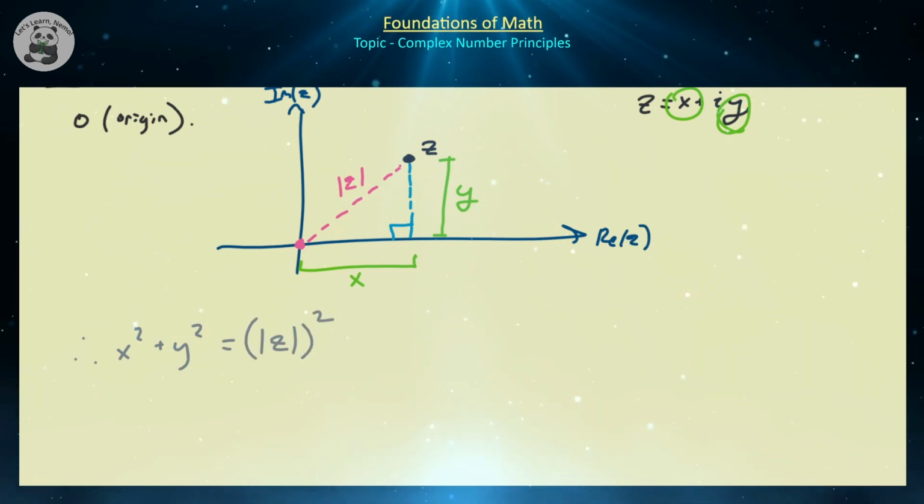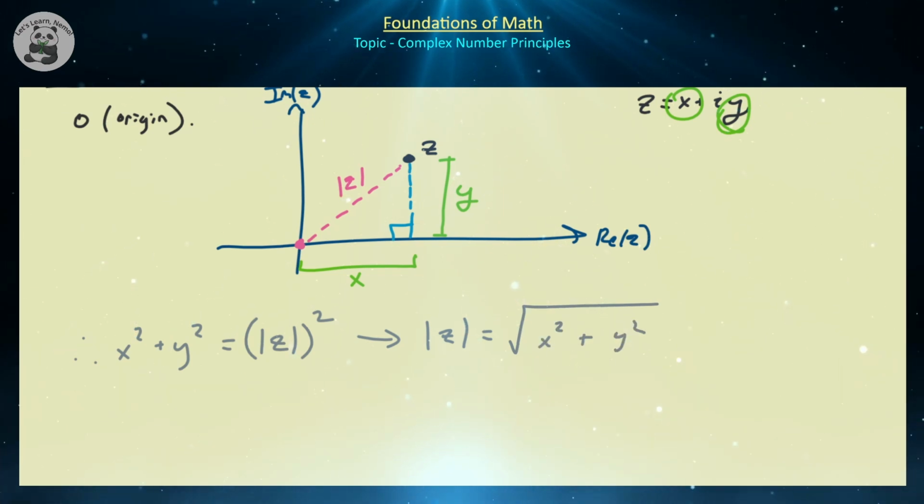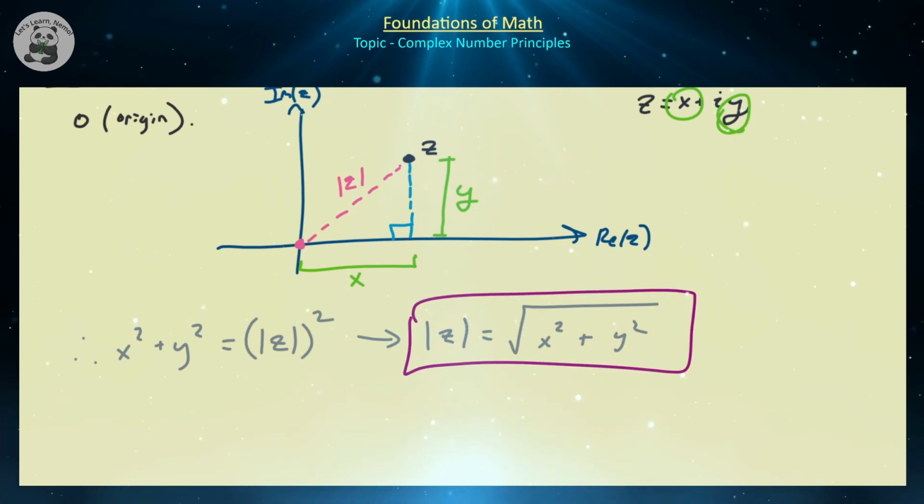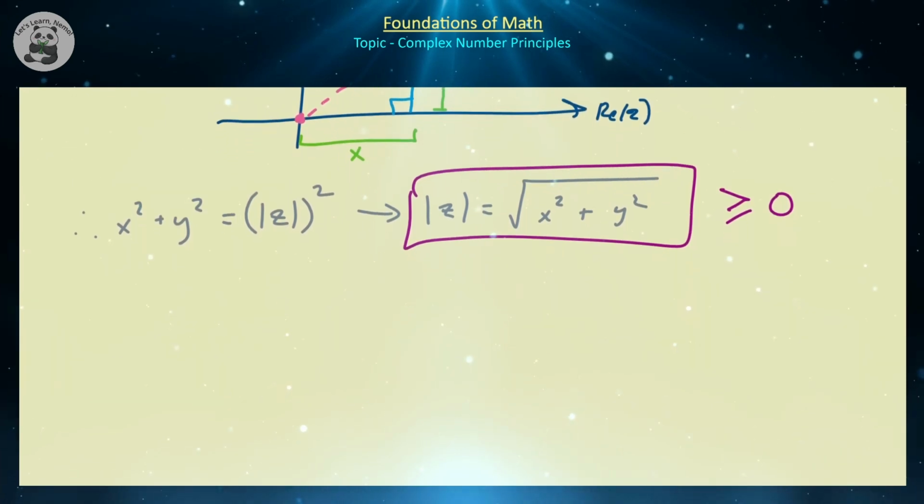Then we can take the square root of both sides, and we have that the absolute value of z is just equal to the square root of the square of the real part plus the square of the imaginary part of that particular complex number, and that's how we would define the absolute value of a complex number. And keep in mind, even though z is complex, this is still a non-negative quantity.